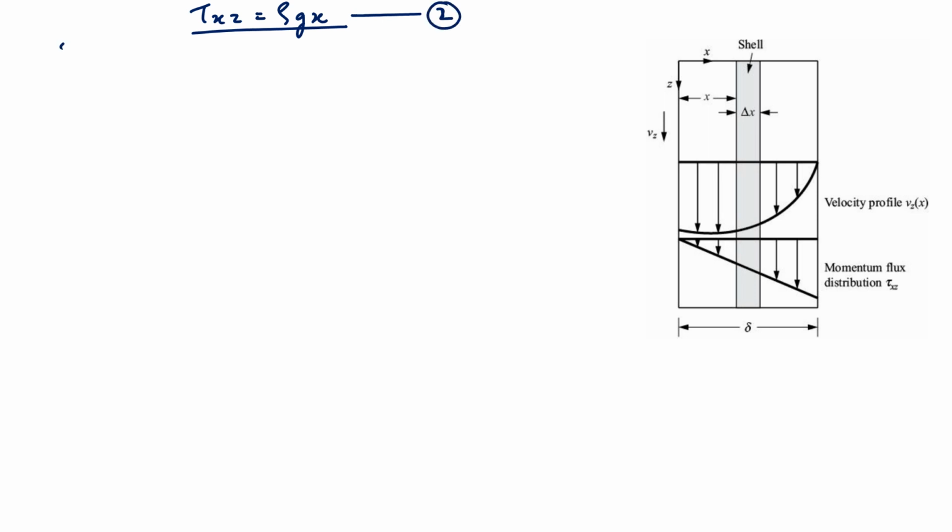Now, by Newton's law of viscosity, tau xz equals to minus mu dvz upon dx.